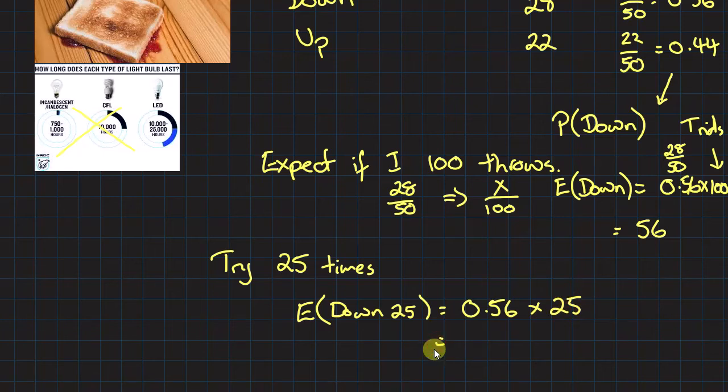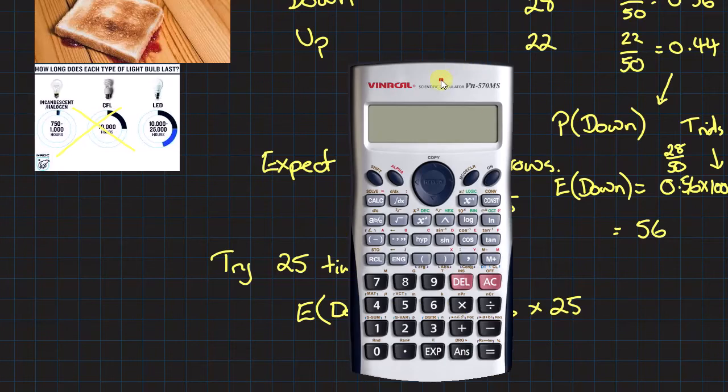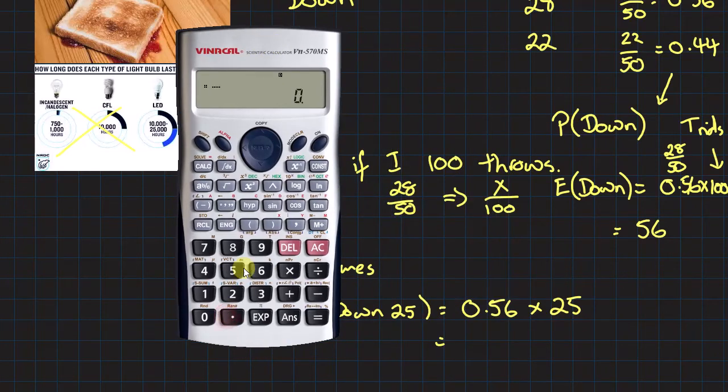Take your calculator and type it in: 0.56 times 25. I get 14.